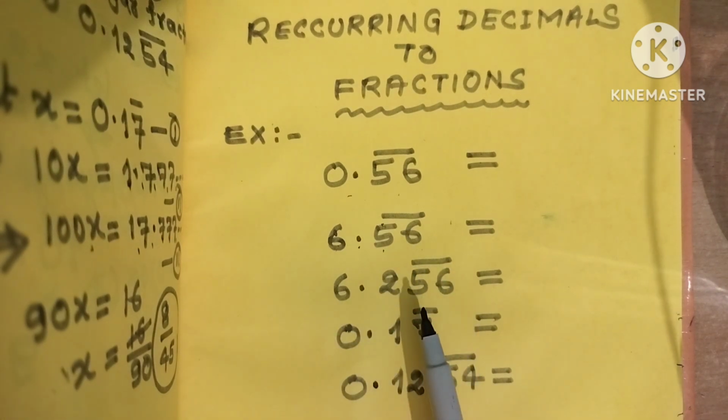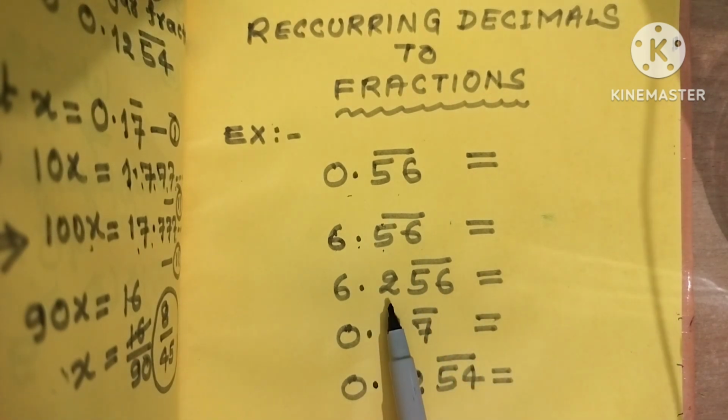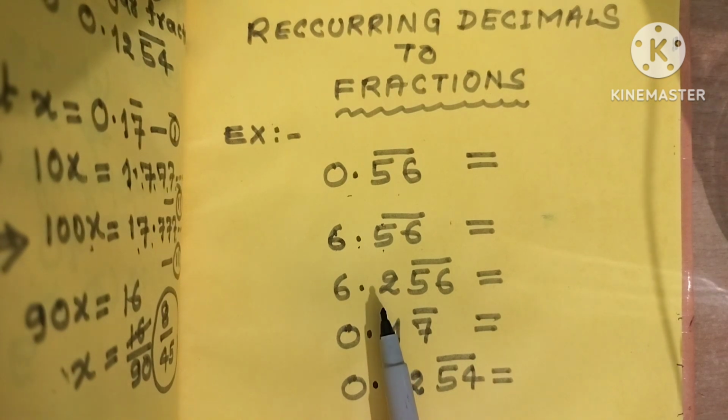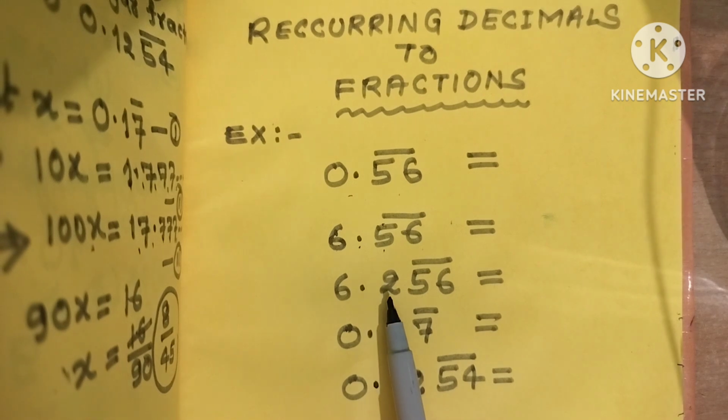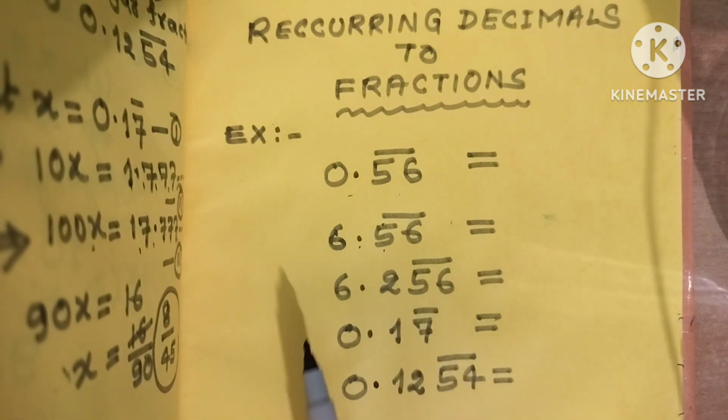6.256 bar, here bar is given on 5 and 6 only. It means 5 and 6 are repeating but 2 is not repeating. So here there is the combination of repeating and non-repeating digits.